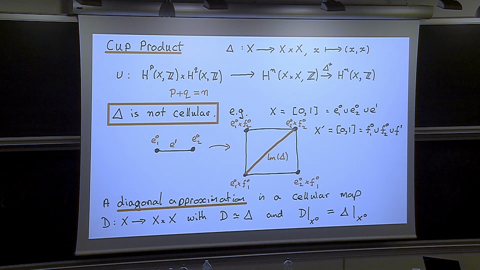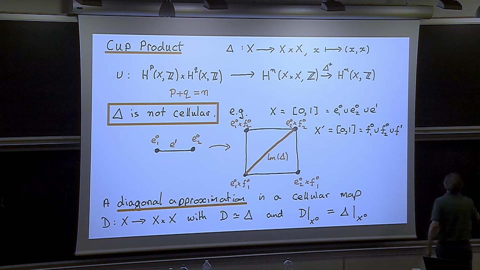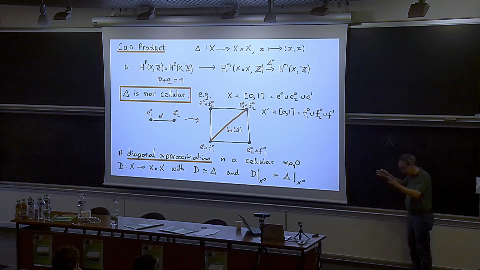So let me introduce the definition of a diagonal approximation, because a diagonal approximation is what you need if you want to implement this kind of thing. A diagonal approximation is defined to be a cellular map. So cellular: if you have a CW complex X, you can think of it as a partition of X into cells, the cells having various dimensions.